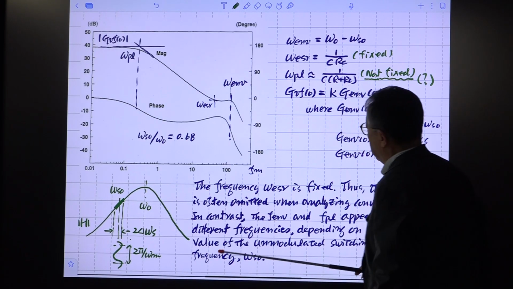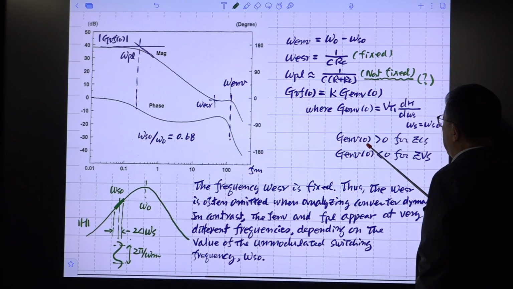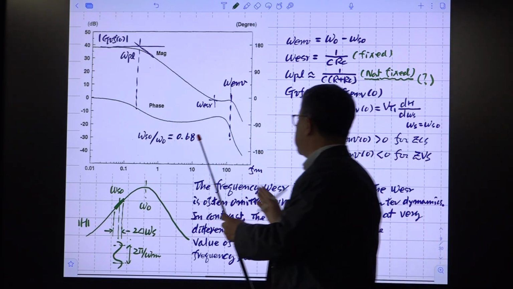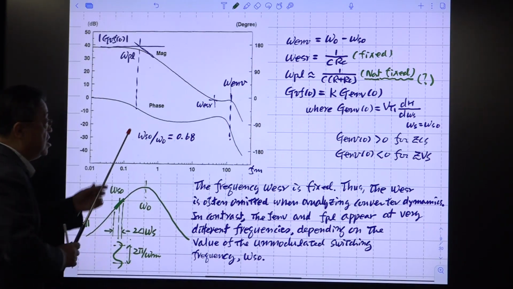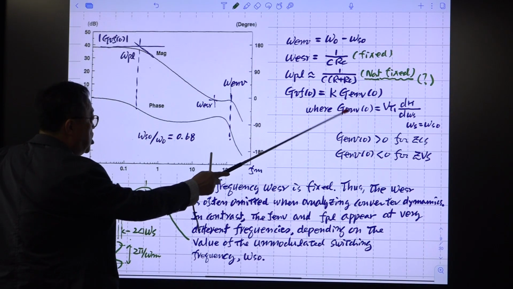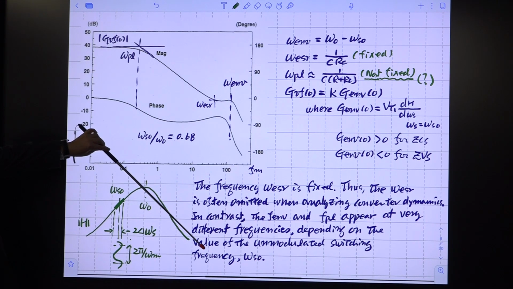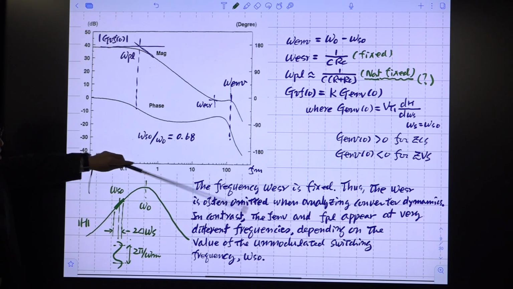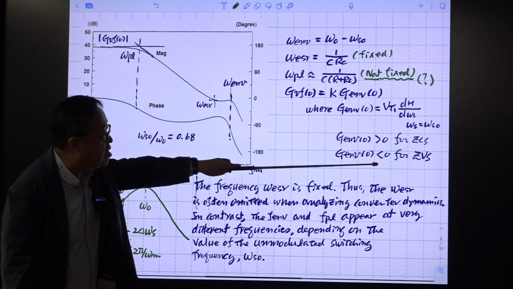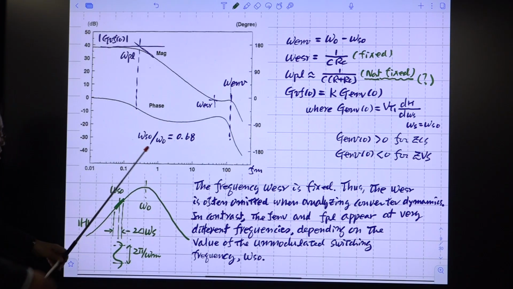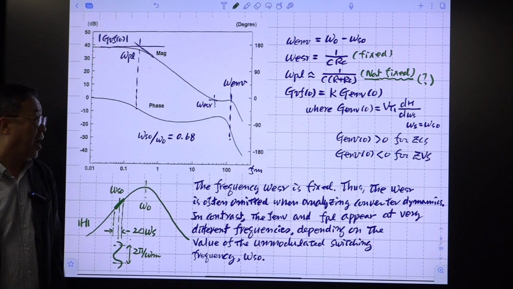That means if this GEMB at this frequency, this DC value, GEMB0, is zero because you have a horizontal line here, and the slope here is positive, not negative. For the GBS operation, this gain becomes negative, and only for this GCS operational region does this become positive.